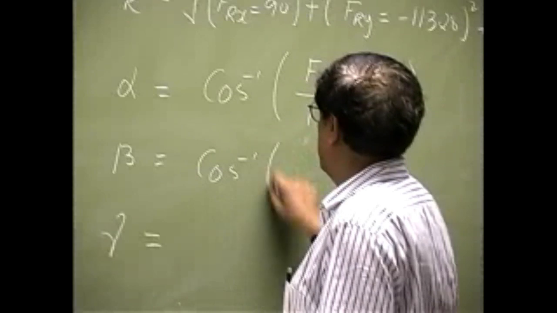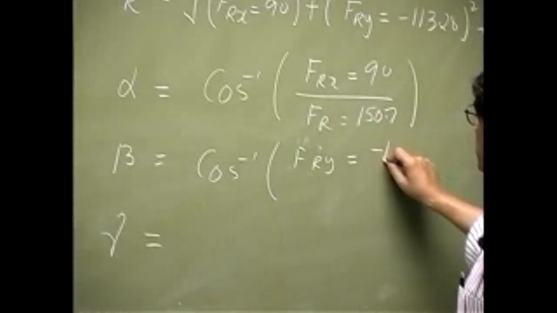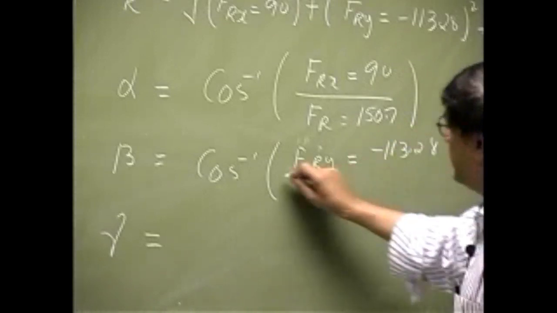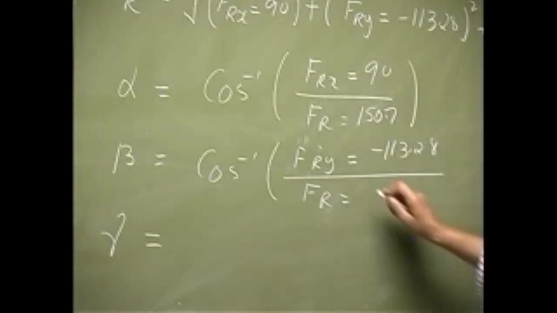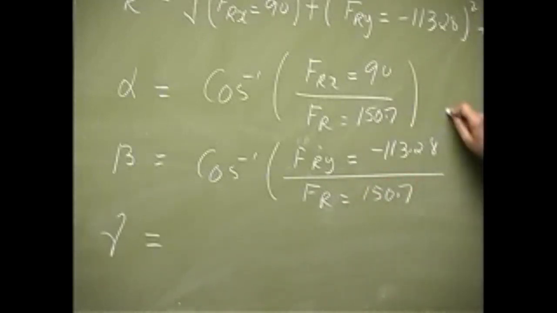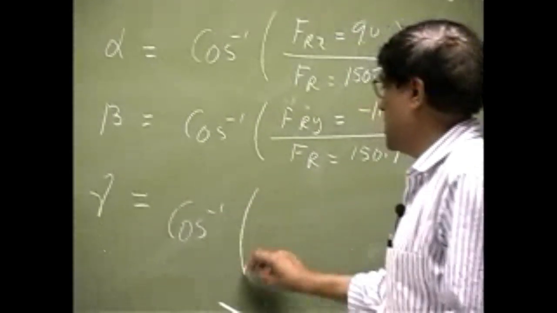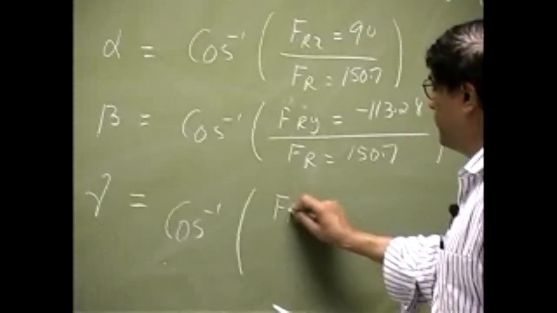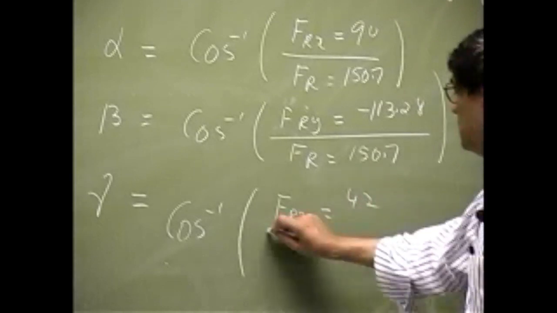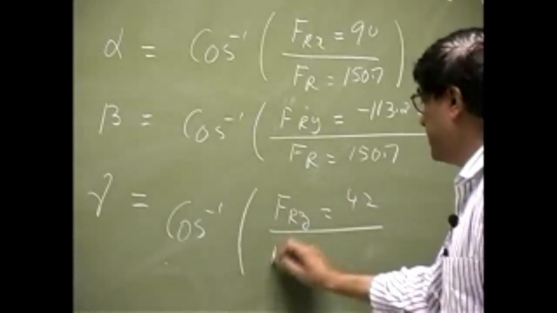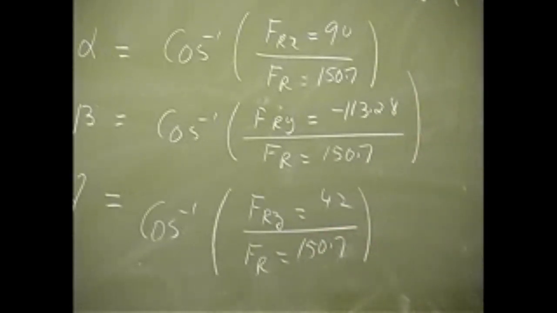Then you go cosine inverse of FRy, that's negative 113.28, divided again by the magnitude, 150.7. Then you have the third angle, which is cosine inverse of FRz, that's 42, divided by the resultant, 150.7.